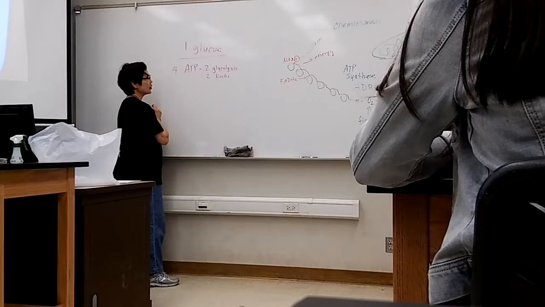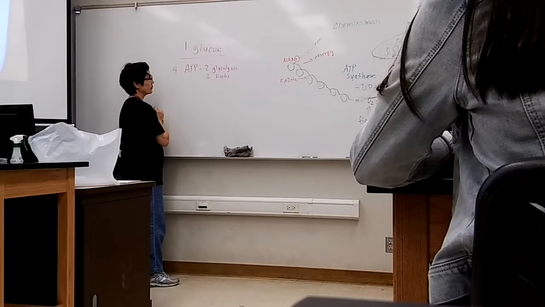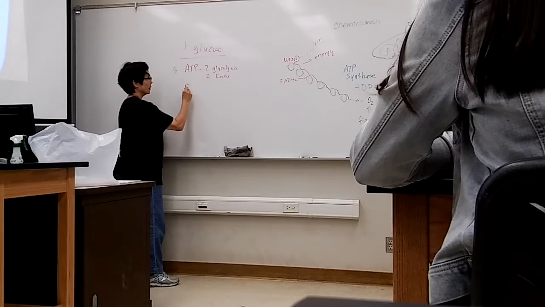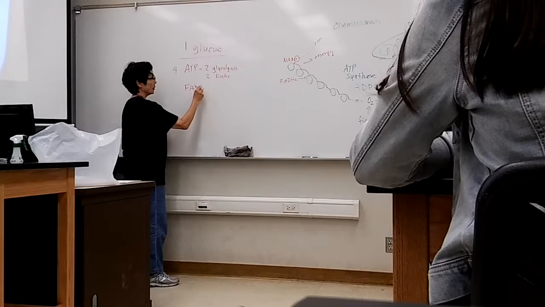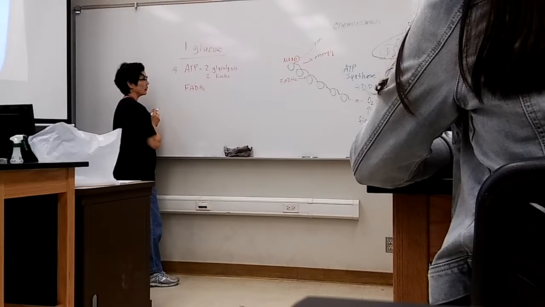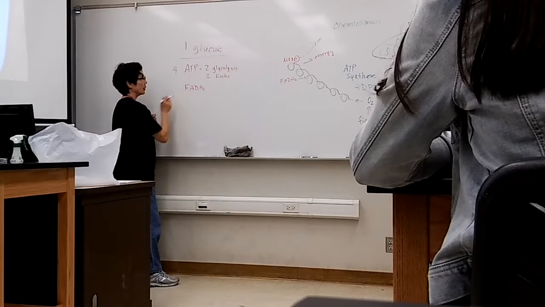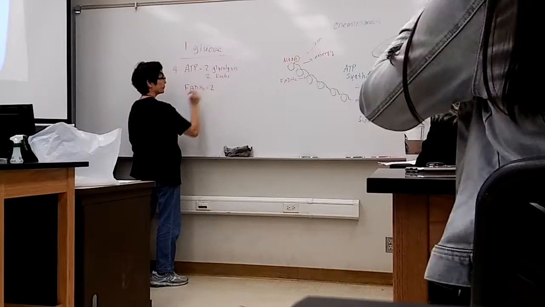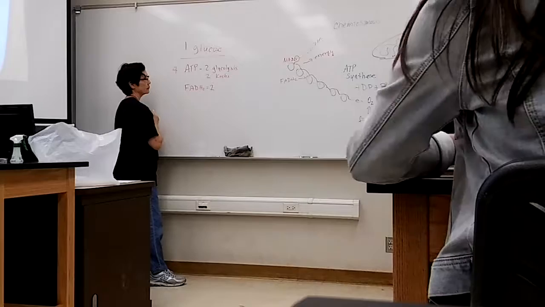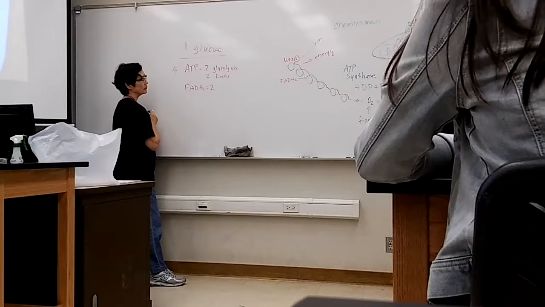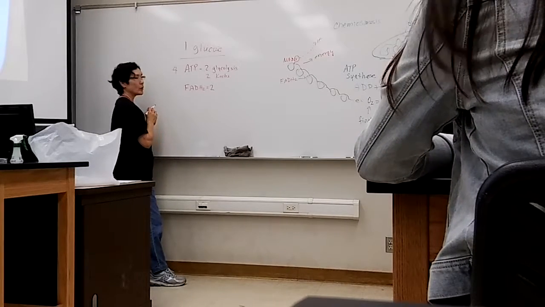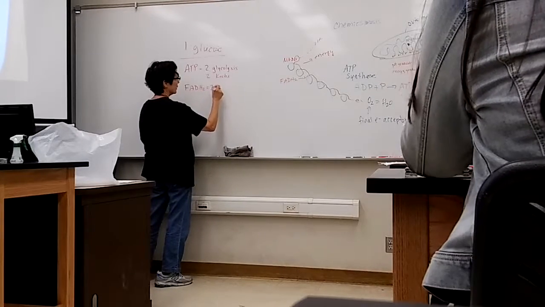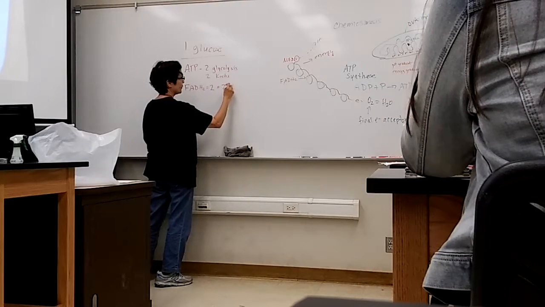Okay, how many FADH2s did we make from a molecule of glucose? 2. Each one can yield 2 ATPs, they have enough energy to do that.